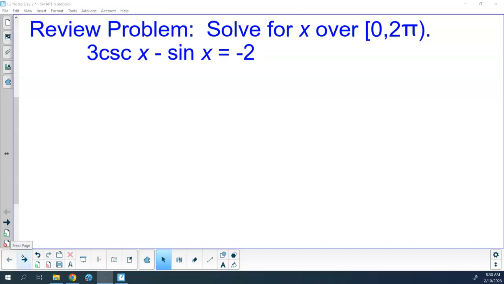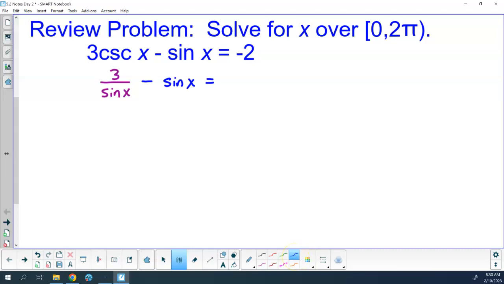So, if it were me, I would say that this is 3 over sine of x minus sine of x equals -2. Now, as I was walking around the room, I saw some people change sine of x to sine squared of x over sine of x to get a common denominator. Which is fine for the left side. Then combine them, 3 minus sine squared over sine.